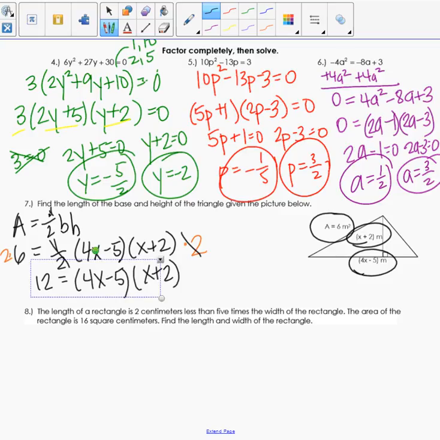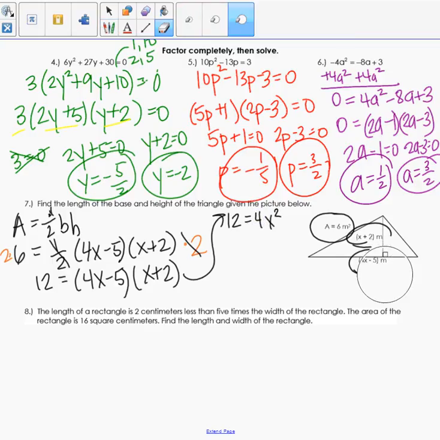All right, well, one side still isn't equal to 0. So the only option I have here is to multiply that out and say, okay, I have 12 equals, and then I am going to end up with 4x times x is 4x squared. Sorry, I'm going to erase this because I'm probably going to write over it.